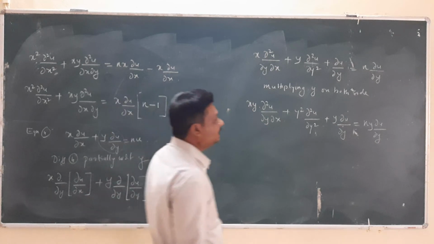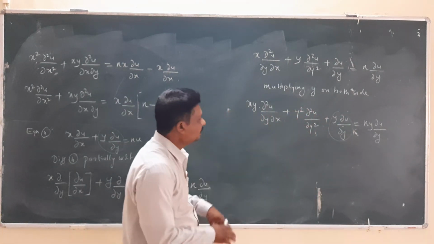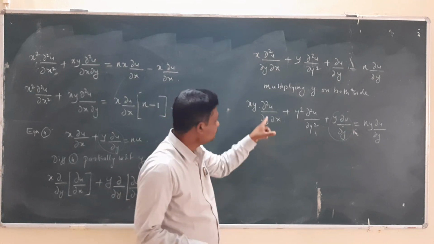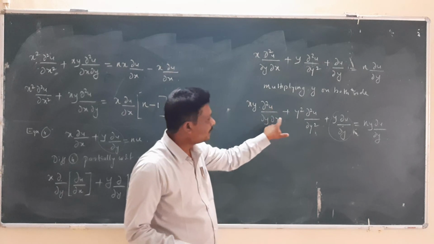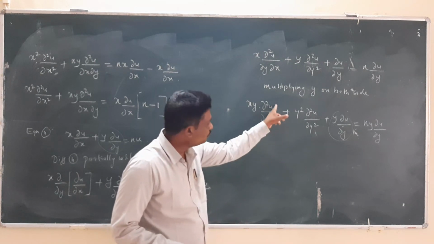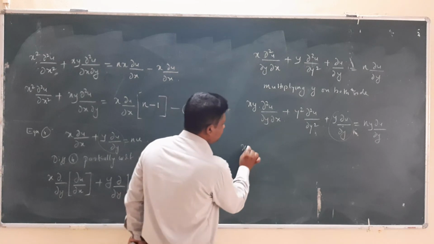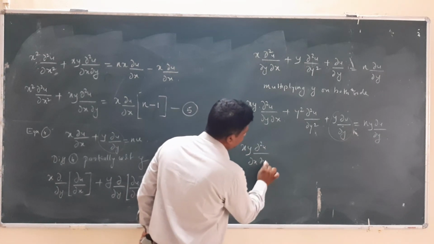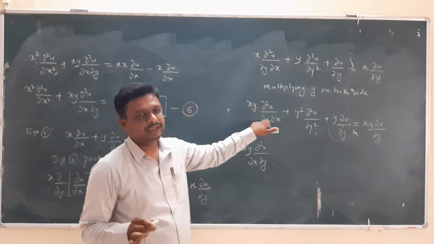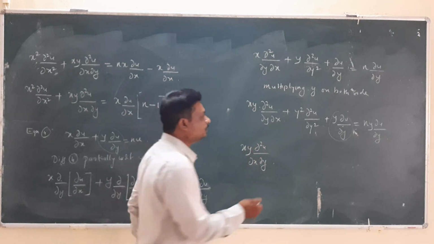So now I will take this term to RHS, and if the function is homogeneous, then dou square u upon dou x into dou y is equal to dou square u upon dou y into dou x. I have written here dou x into dou y as it is, as the given function is homogeneous.